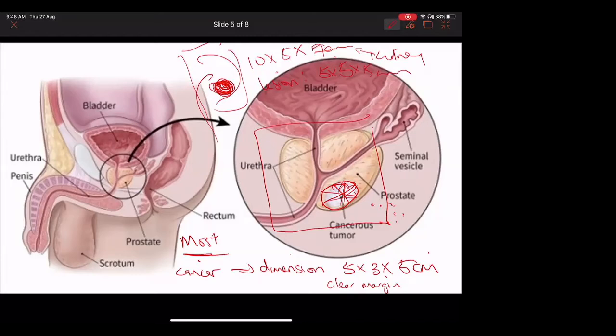So don't get too worked up and don't get too frustrated if he says 5 here, then it turns out to be 4.5 in the actual sample. Is it the same sample? Don't bother too much about it. It's about the same. As long as the margin is clear, because whatever we do, we try to take some margins around there. As long as the margin is not involved, the measurement and dimension itself is not so key.